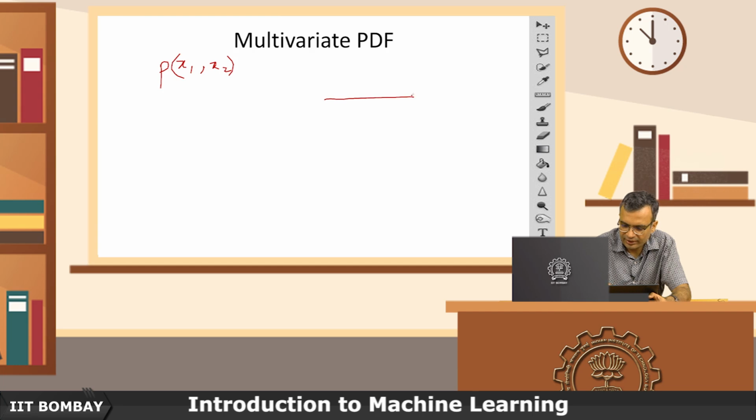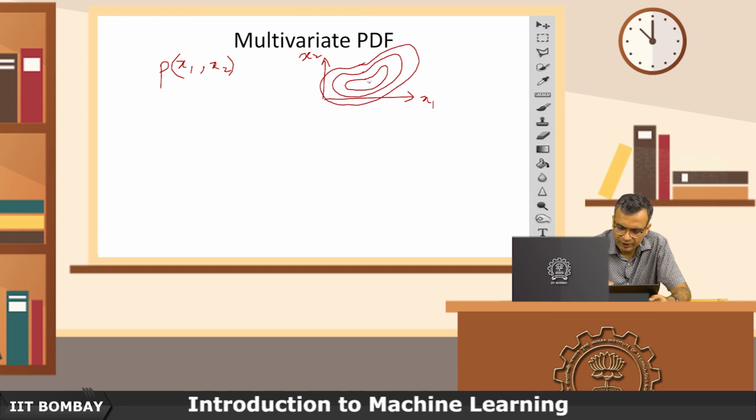So, let us say if I have axis x1 and axis x2, I can draw the contours of equal density, where perhaps this is the maximum density and then it tapers off as I go further away from this point, and this could be a representation of a joint distribution.